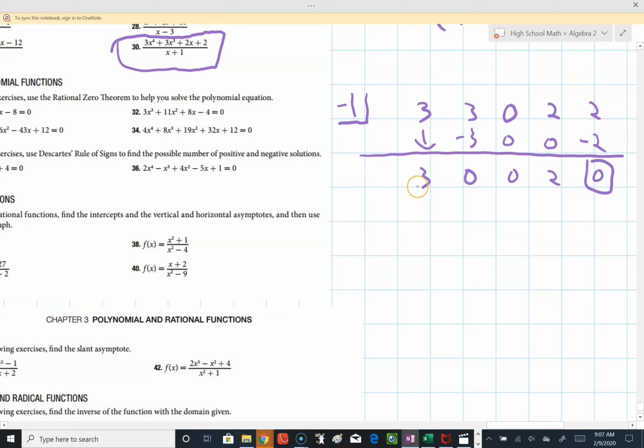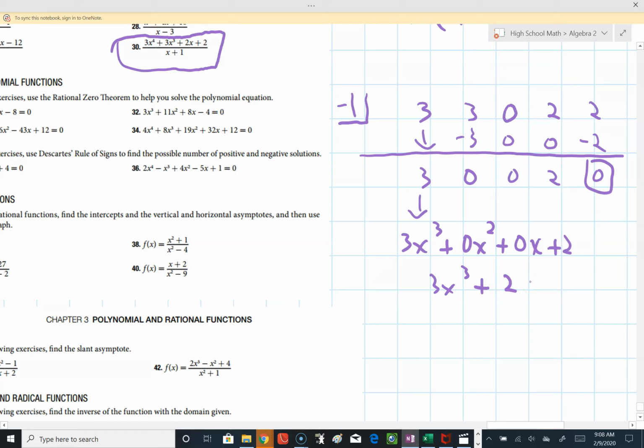Since we were dividing into a fourth power, this becomes a third power. So this is 3x cubed plus 0x squared plus 0x plus 2. And there's no remainder. Clearly we don't have to write those. So we would have 3x cubed plus 2.